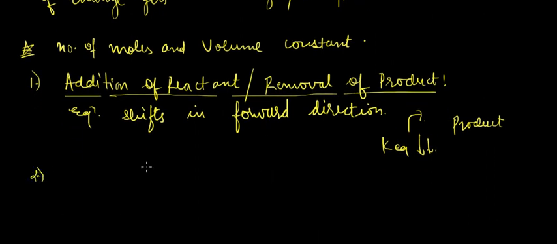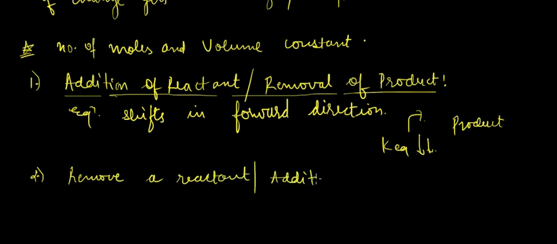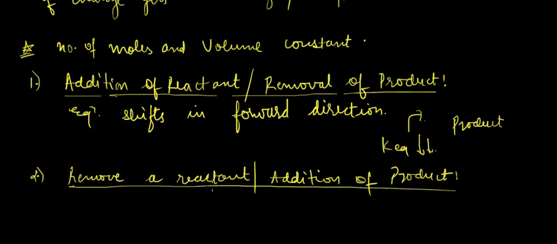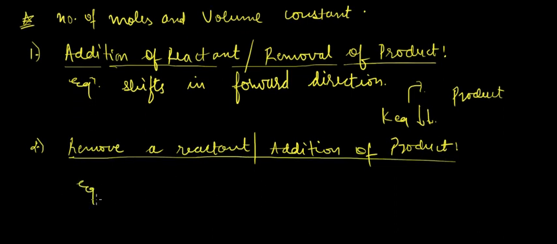Okay, the second point is what happens when we remove a reactant, or in other words, add some product. So equilibrium shifts in the backward direction.